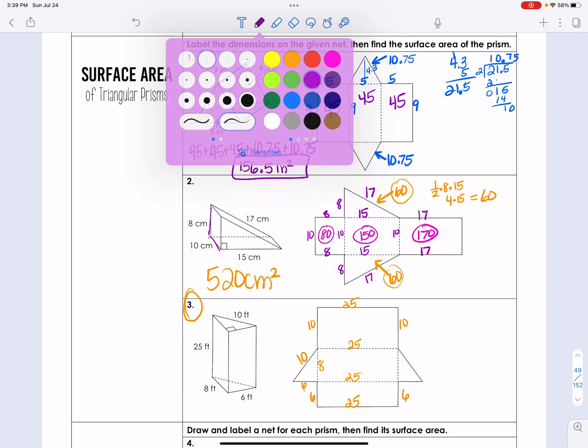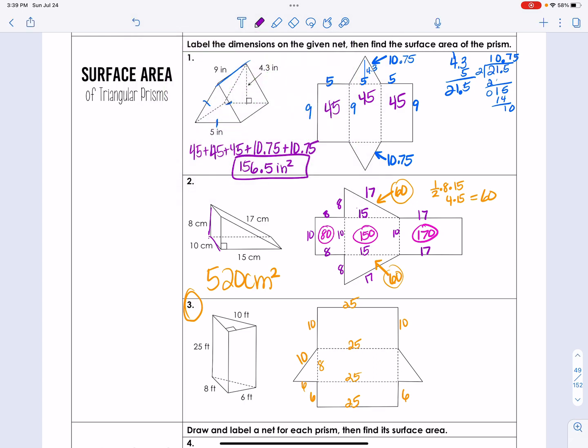So 6 times 25, I'm just thinking about 25s as quarters. So if I had 6 quarters, I would have $1.50. Whoa. Right? Okay, if I had 8 quarters, I would have $2. Oh, I saw the wrong one. Okay, and if I had 10 quarters, I would have $2.50.